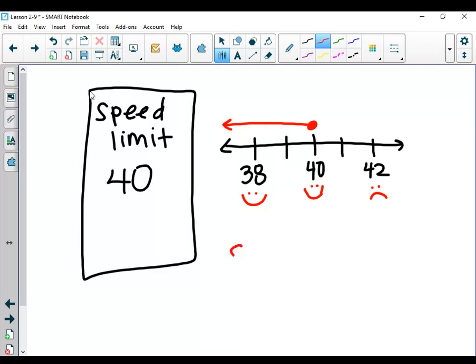So we just found out that our speed should be less than or equal to 40.